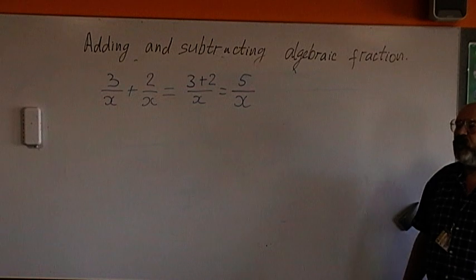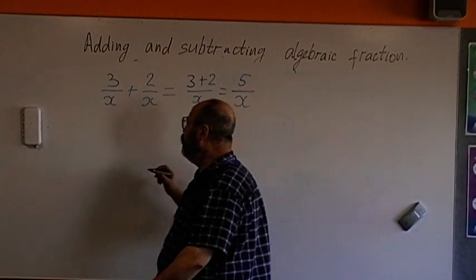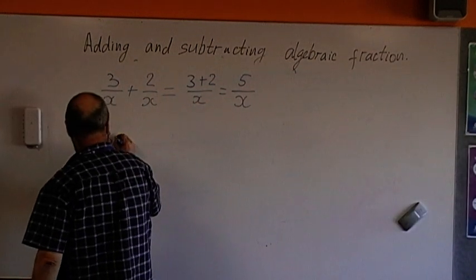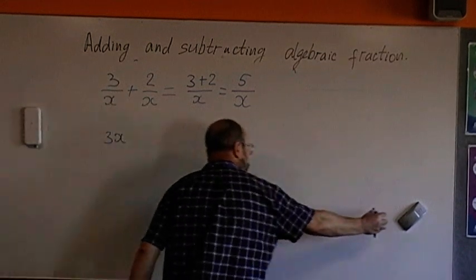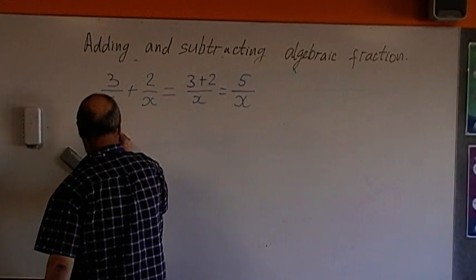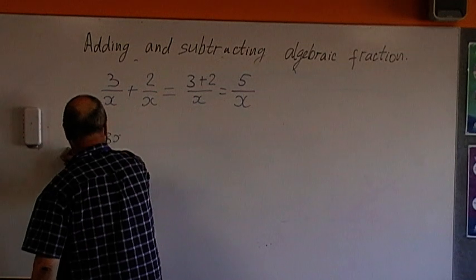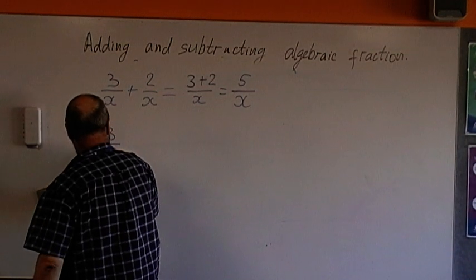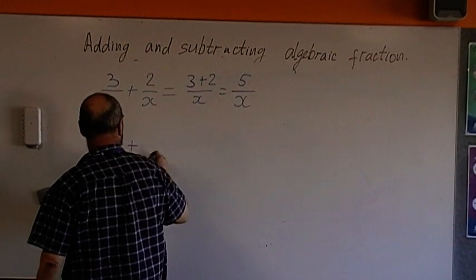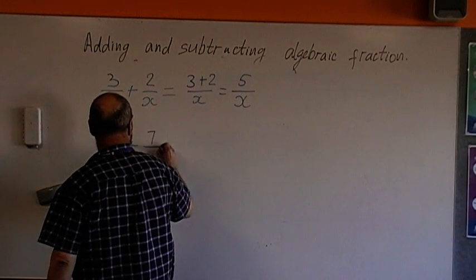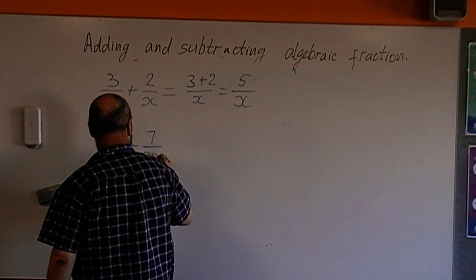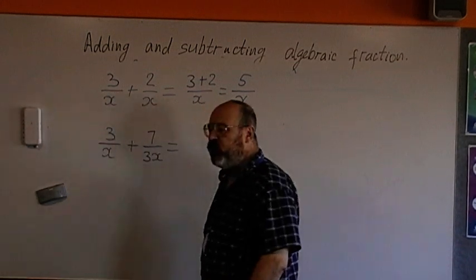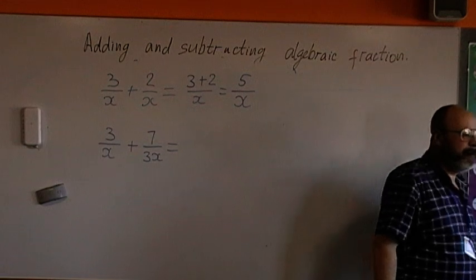Now, if it is not the same, if we have 3 over x plus 7 over 3x, what will be the common denominator? 3x.